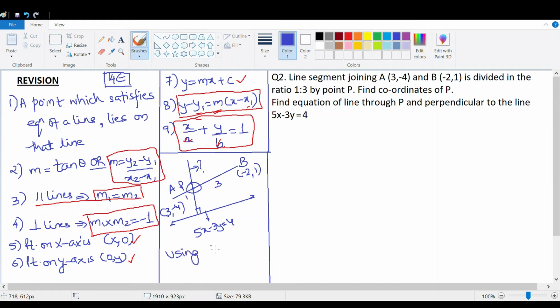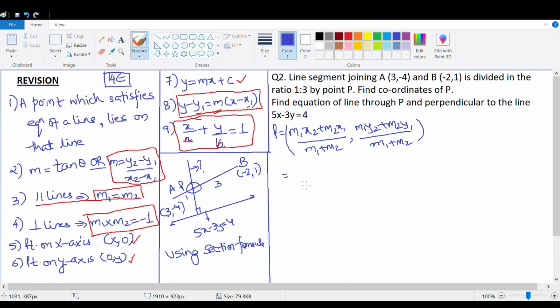Using the section formula, what I get is P is equal to (m1 x2 plus m2 x1) upon (m1 plus m2). Similarly, the y-coordinate would be (m1 y2 plus m2 y1) upon (m1 plus m2). Let's substitute values.